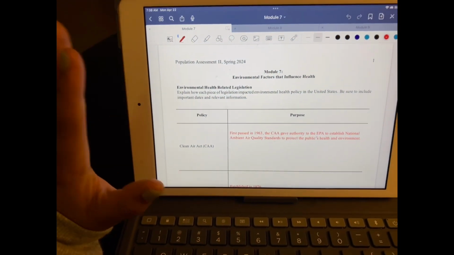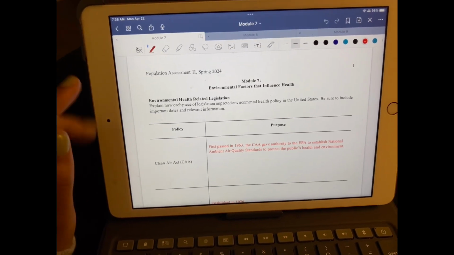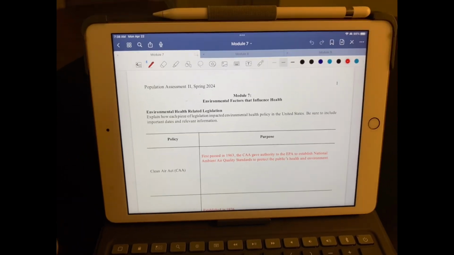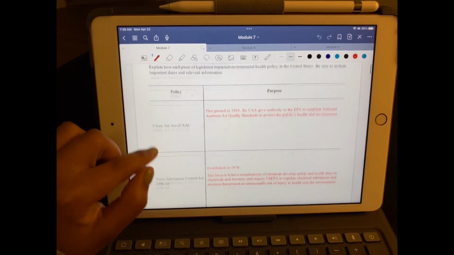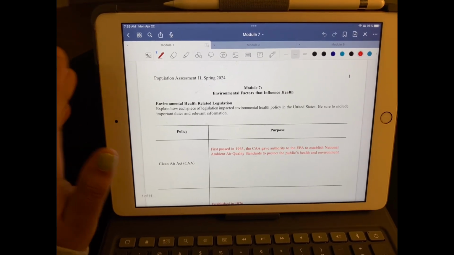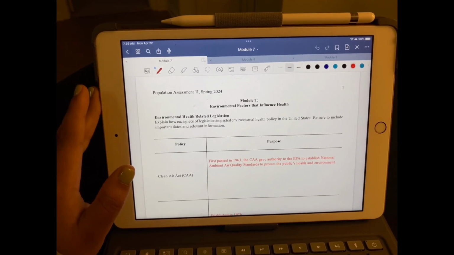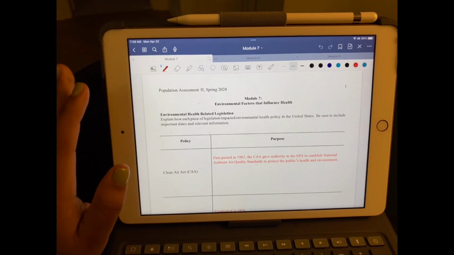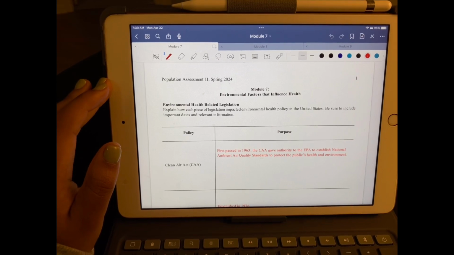Anyway, so if you already watched my previous videos, you know that this class has a previous one called Population Assessment 1. And basically, every module that we do has a study guide, because at the end of the day, this will also serve for us to study for the comprehensive public health exam, or CPH exam, that is now required in a lot of public health programs.